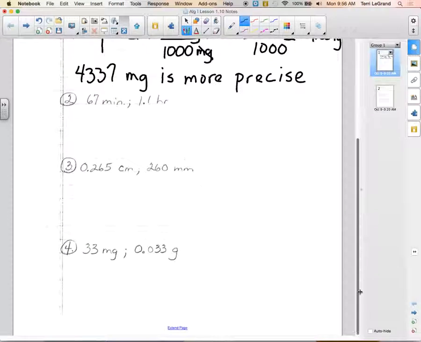The next one is a little bit tricky because now we have minutes and we have hours, and some of us treat time as if it's in the metric system and it's really not. And so, which one do you think is more precise right now? 67 minutes? Yeah. Okay, why? Any idea why?